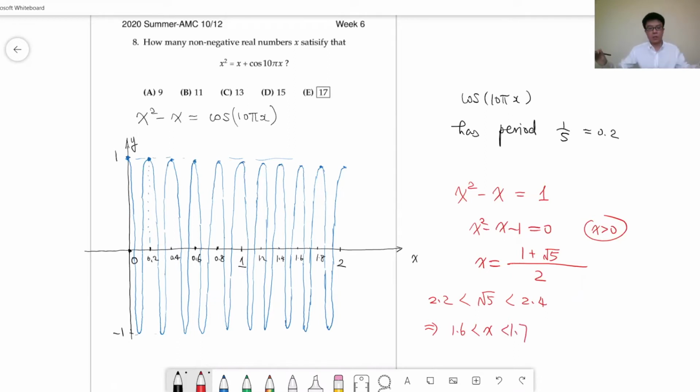That means if x is larger than 1.7, there will be no intersection, because for the parabola, it's larger than 1, and for the cosine function, it's always at most 1. So they cannot intersect. All right, 1.6 and 1.7 is somewhere here. So it touches 1.